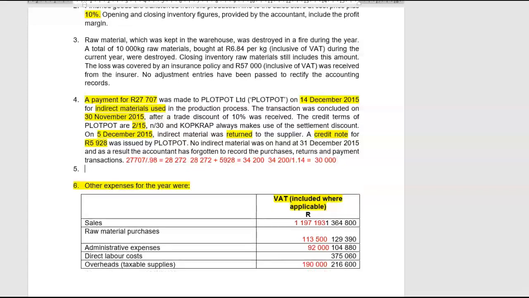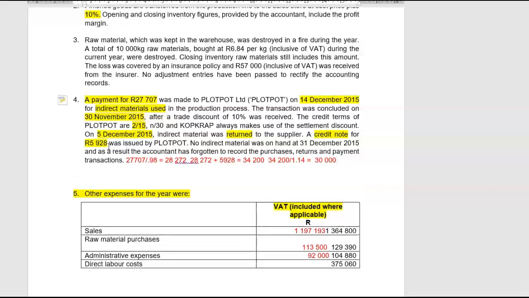Then we're going to take that 30,000 Rand and split it into the two legs. So the first leg is going to be 98%, and the 98% is going to go to my indirect material, which equals 29,400. 2% would have been posted to our allowance for settlement discounts on creditors, which equals 600 Rand.